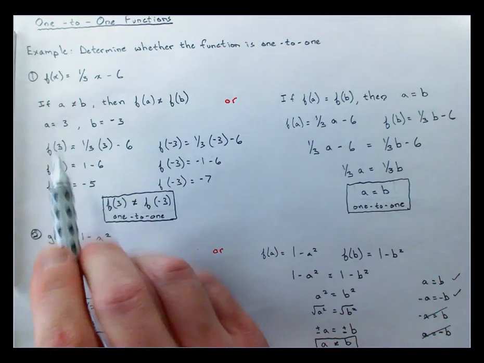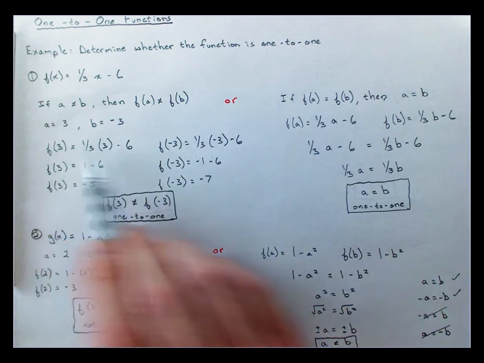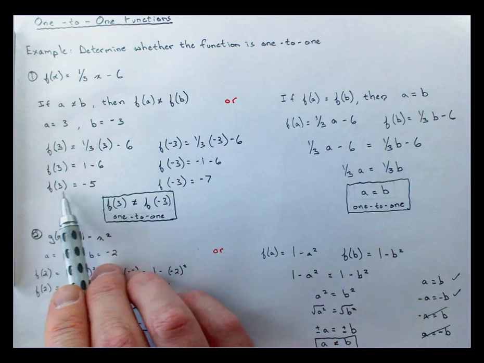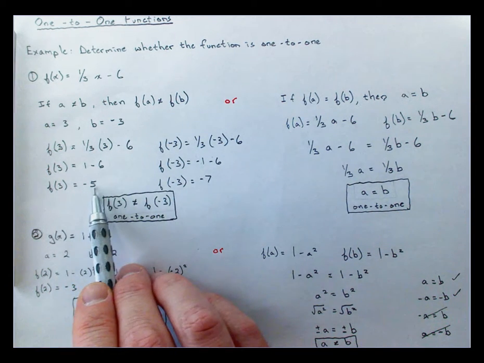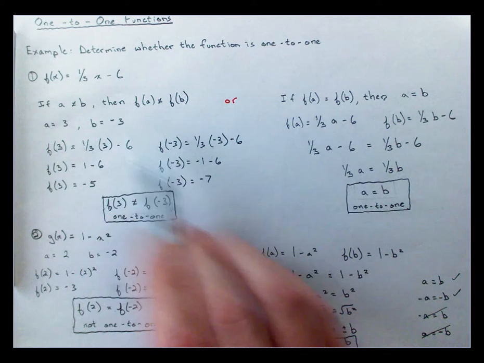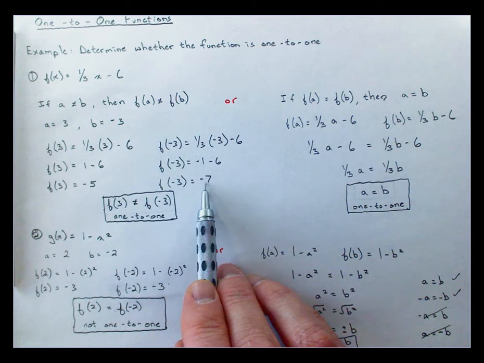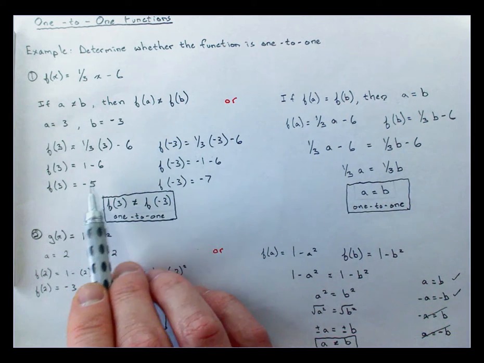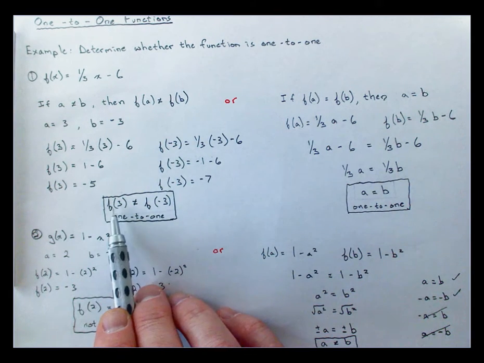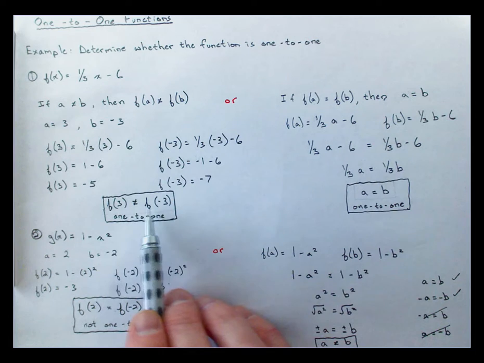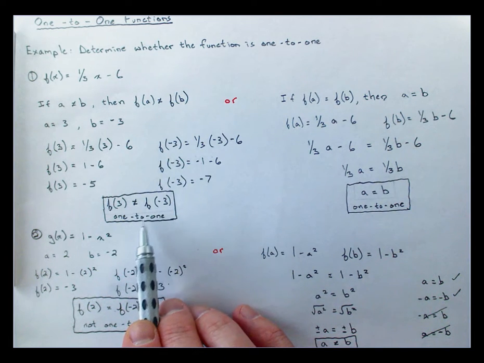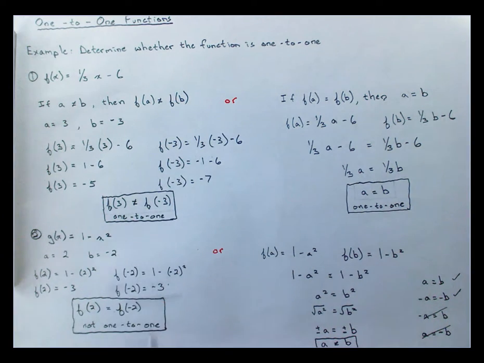I plug in 3 and I solve, and I end up getting f of 3 equals -5. Then I plug in -3 and I solve, and I get f of -3 equals -7. These values are different. Therefore, f of 3 does not equal f of -3. It is a one-to-one function.